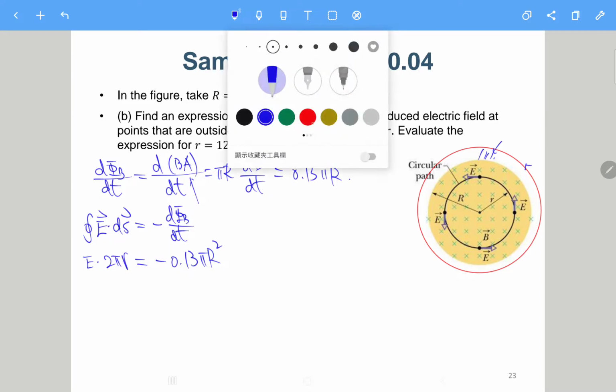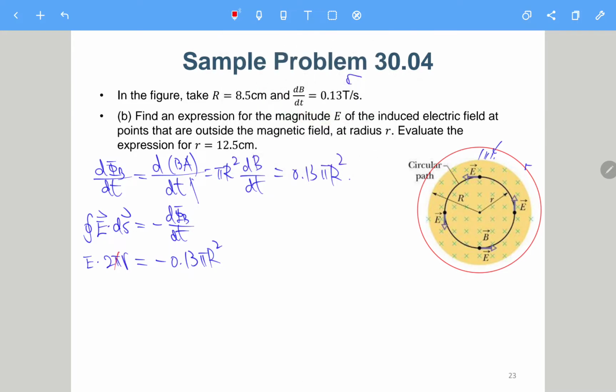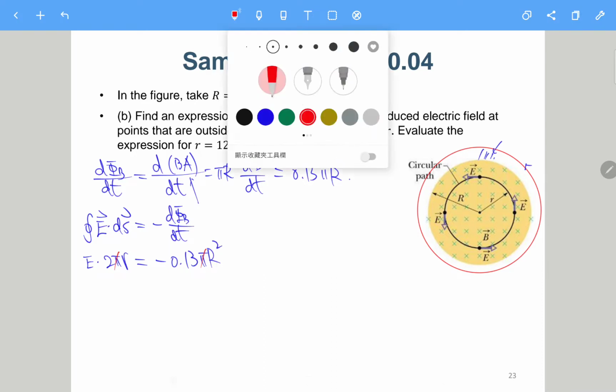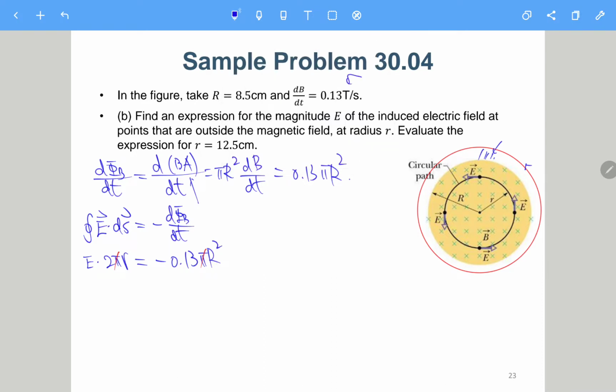Similarly we can cancel pi, but not the r, because on the left side it is small r, and on the right side it is capital R squared. So it should be E equals negative 0.065 times capital R squared over small r.